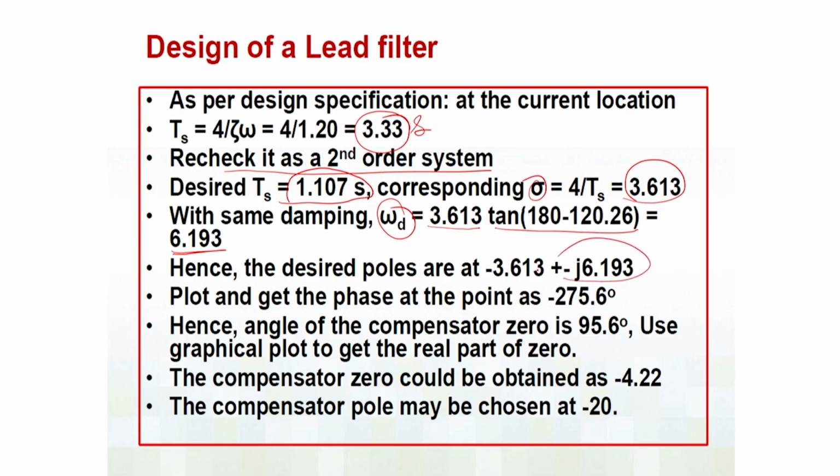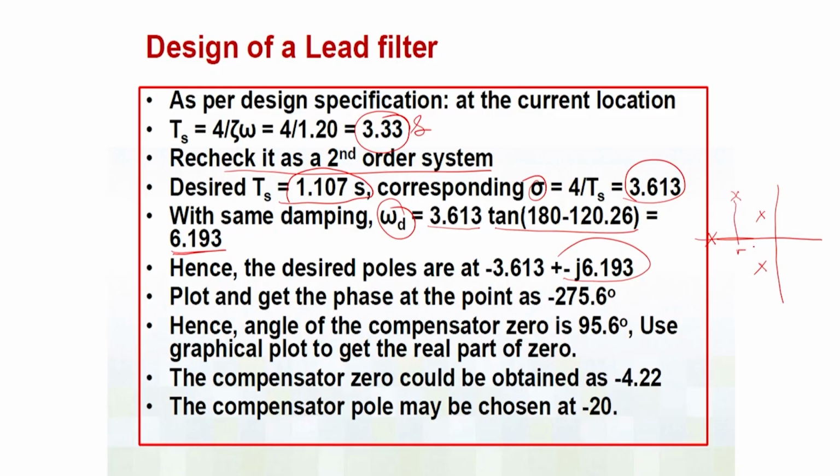Now, if I put this desired value, I already have poles here and a pole there, that is the system, and I already know that if I have to reduce the settling time, then I have to add a pole whose real value should be something like 3.613.